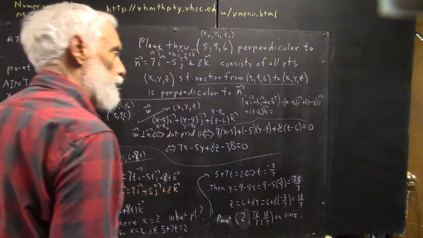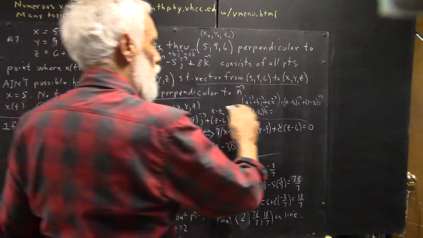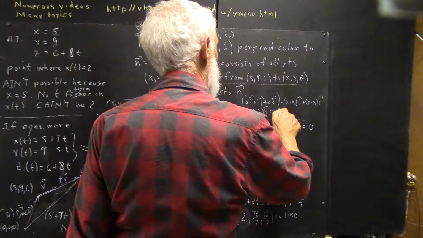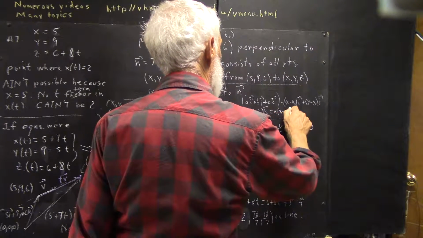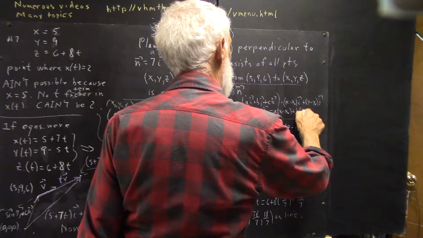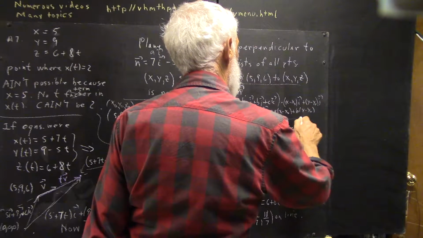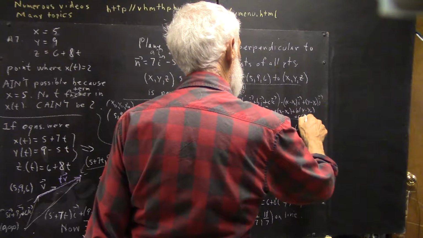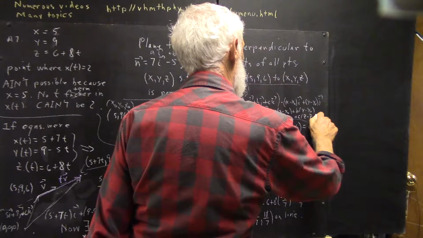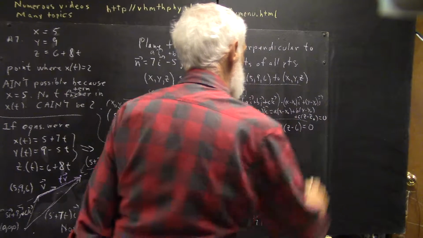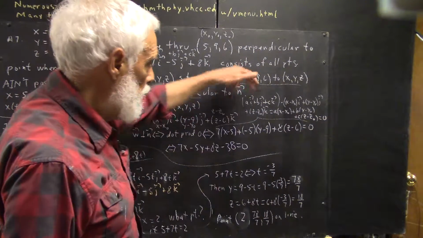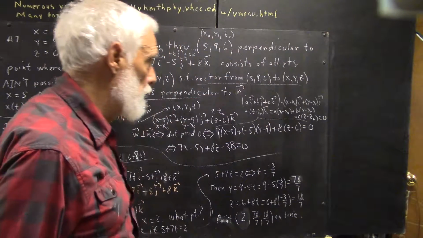That's going to have to equal 0. And of course, the equation is a times x minus x naught plus b times y minus y naught plus c times z minus z naught has to equal 0. This is a dot product of two vectors that have to be perpendicular.